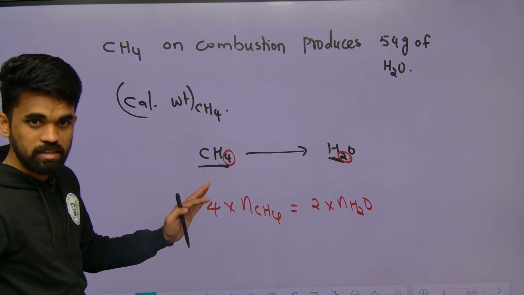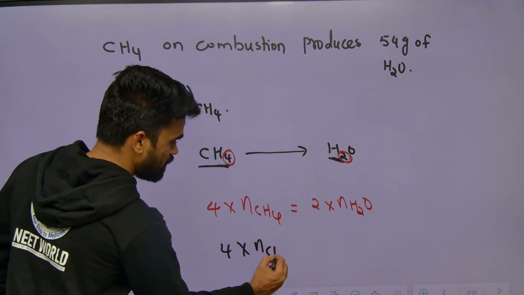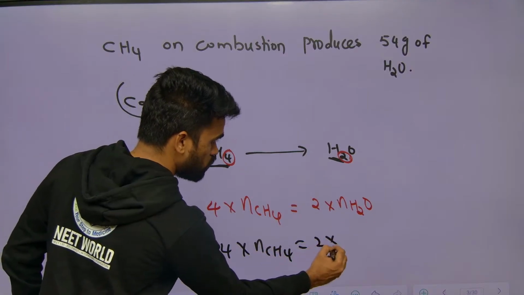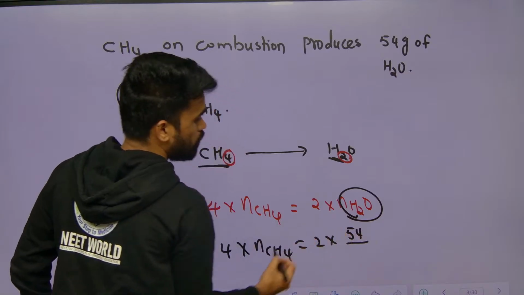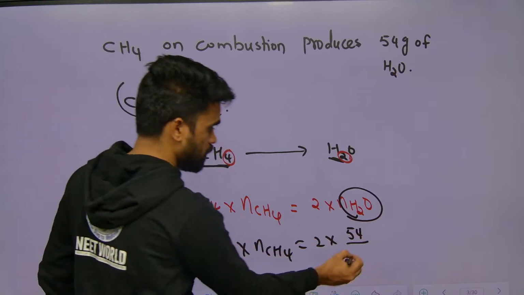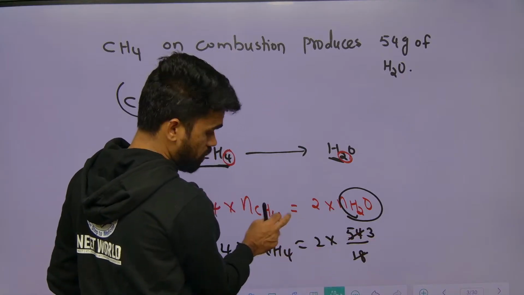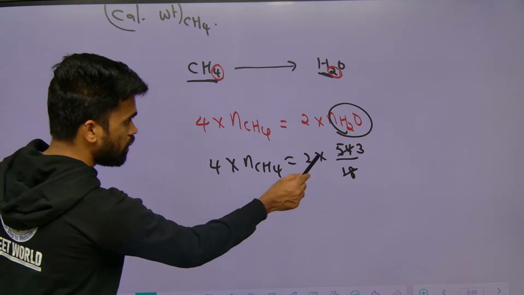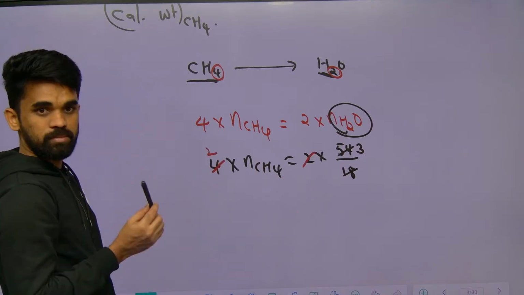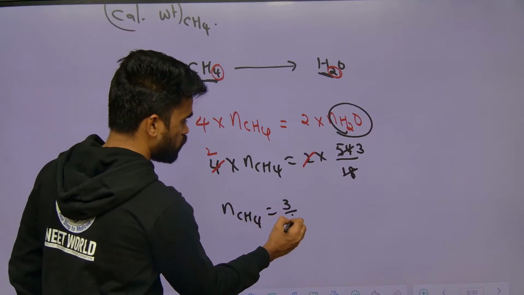No. So next, n of methane will be equal to 2 into the moles of water. How much is given? 54 by molar mass 18. So this will be 3 times. 18 3s are 54. Next, this will be 2 times. So number of moles of methane will be 3 by 2.